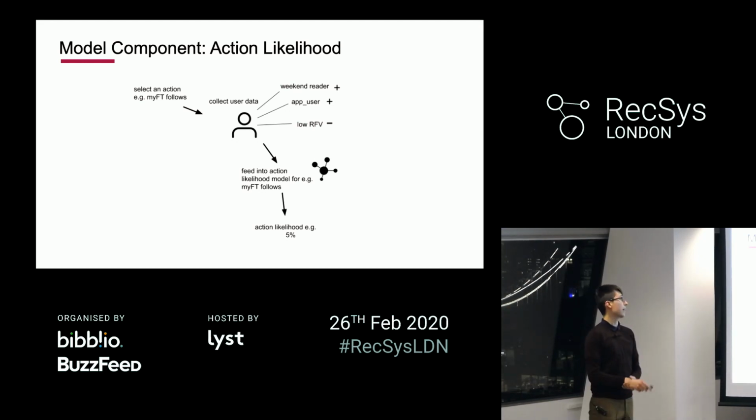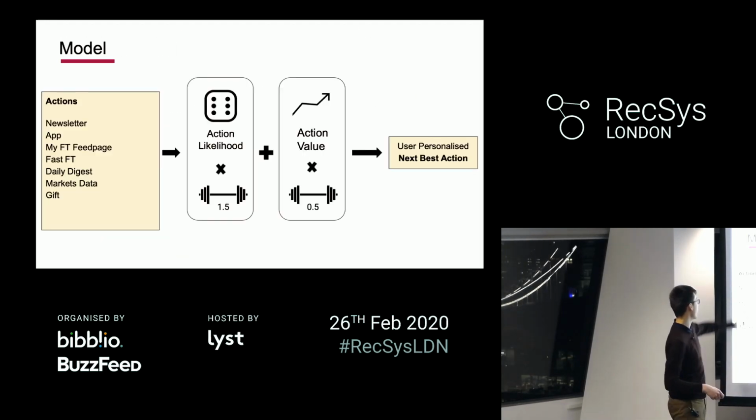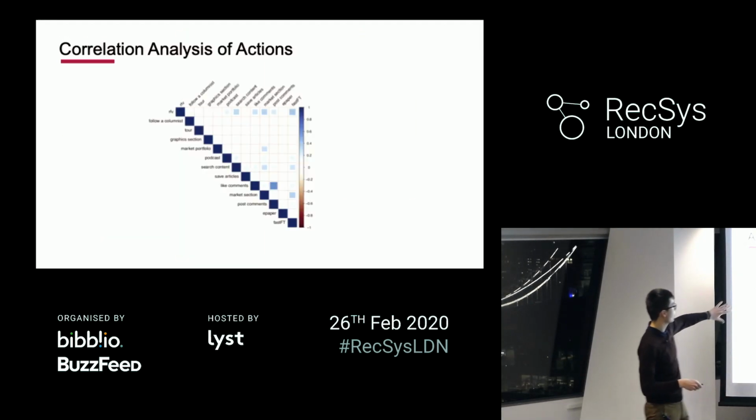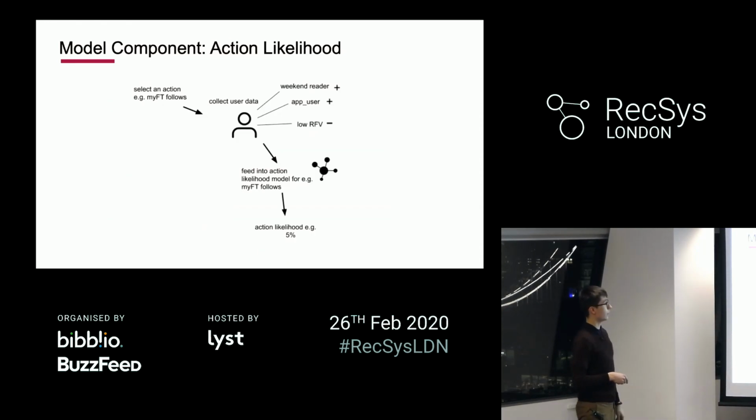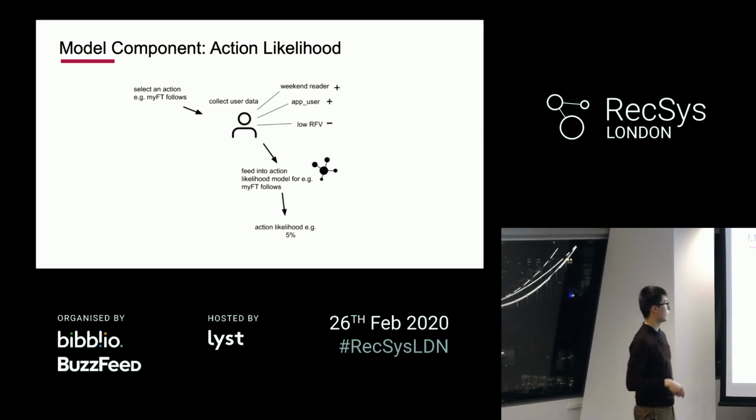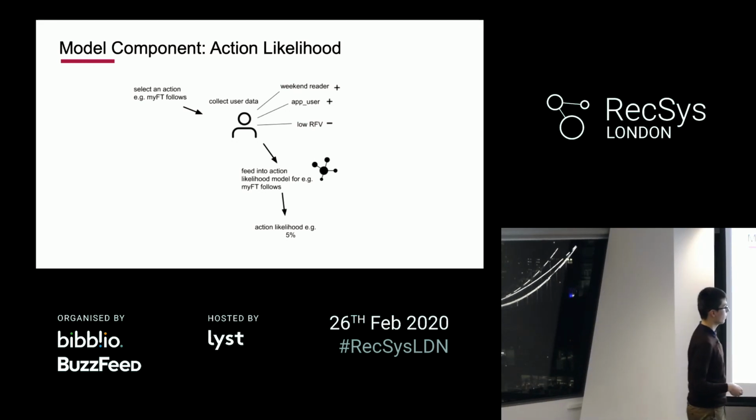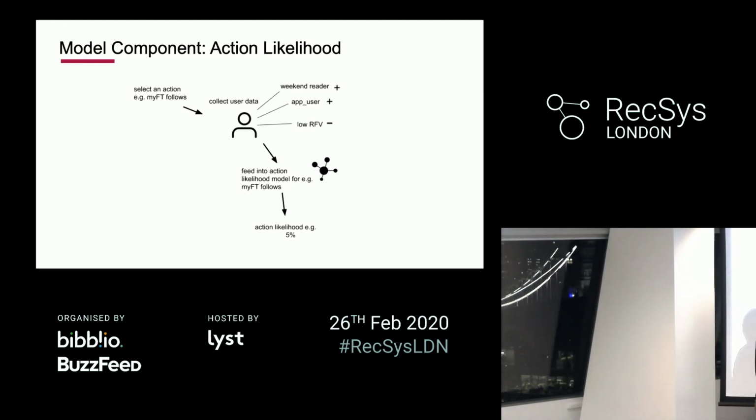And here is an example of our likelihood model. We have trained 7 likelihood models. Each likelihood model relates to one action. The likelihood models are based on the gradient boosted machines algorithm, which is basically an ensemble of decision trees with a different loss function. We feed all the actions to these gradient boosted machines, along with the most recent RFV.